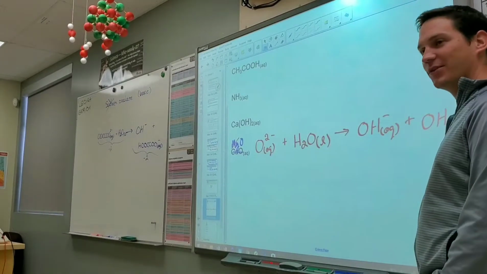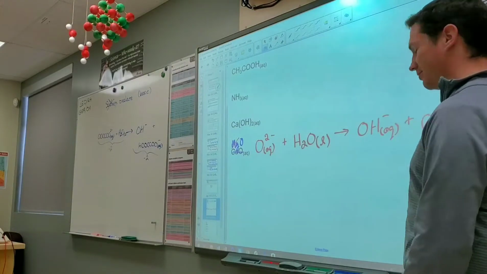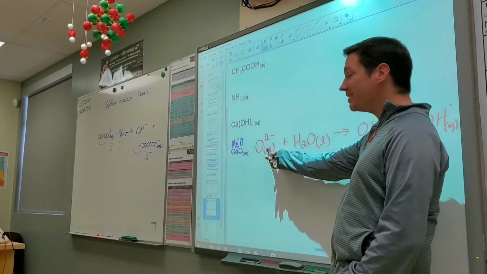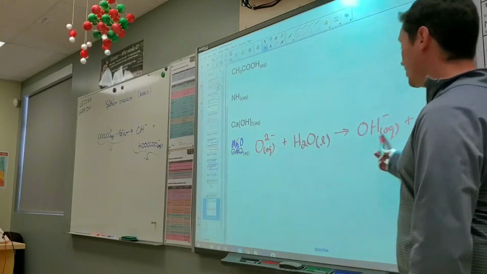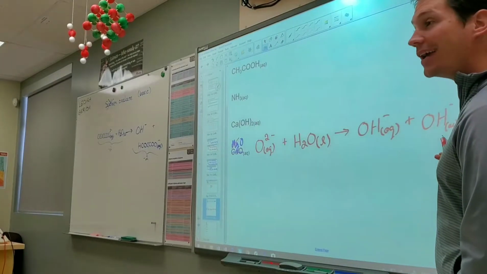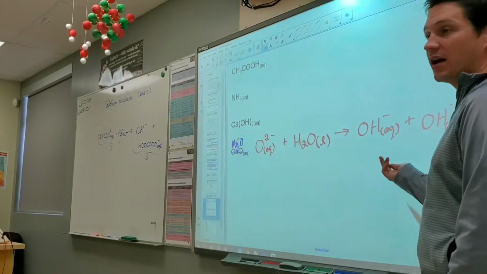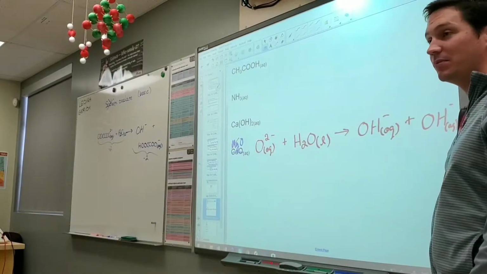And what would the charge on the OH be? Well, that's weird. So when oxide steals a hydrogen away from water, the oxide turns into hydroxide, and then the water turns into hydroxide as well. So yeah, this thing should be basic. Absolutely, it should be basic.